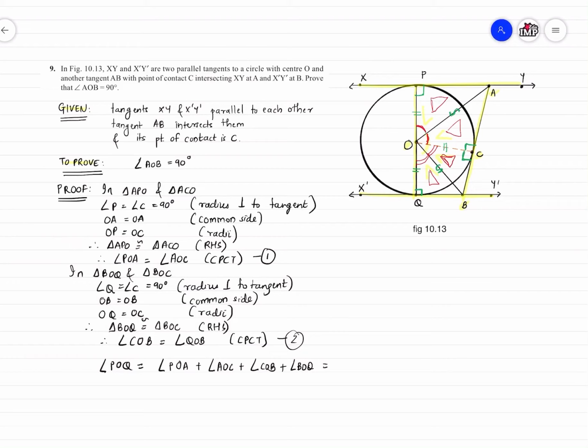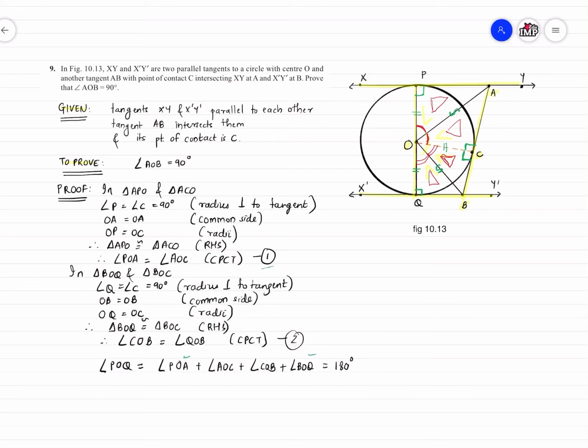But the measure of a linear angle is also 180. Now you must have also figured out where I am headed. We are actually interested in angle AOB, so we can get rid of this angle and this angle. How?